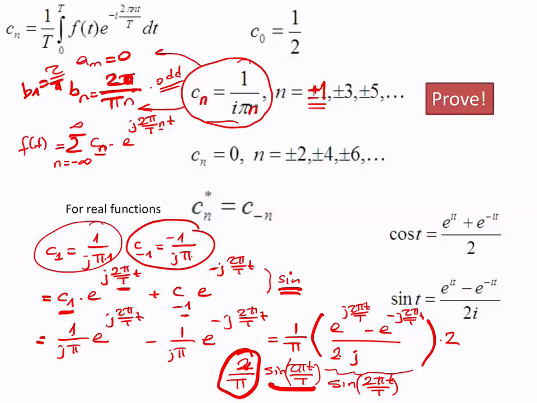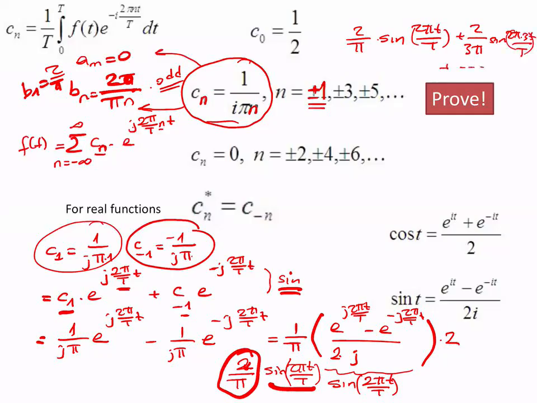So this will be 2 over pi sine 2 pi t over T plus 2 over 3 pi sine 2 pi 3t over T, and so on.